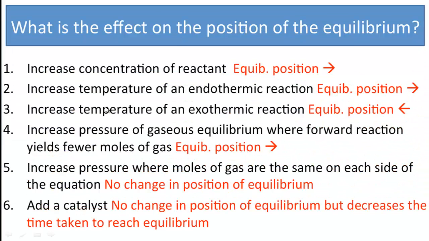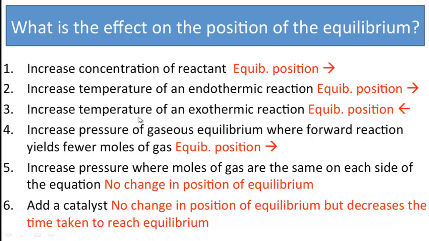Now once again we will review. If we increase the concentration of reactant, the equilibrium position should shift to the right side. If we increase the temperature of an endothermic reaction, then the equilibrium position should shift to the right side.